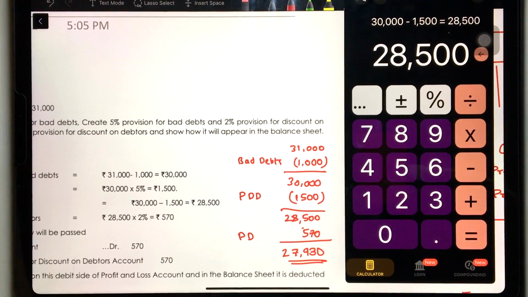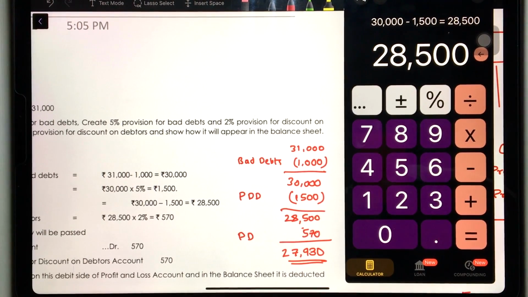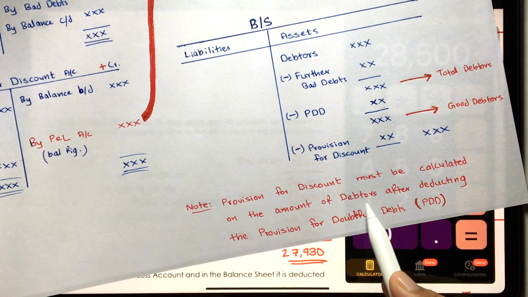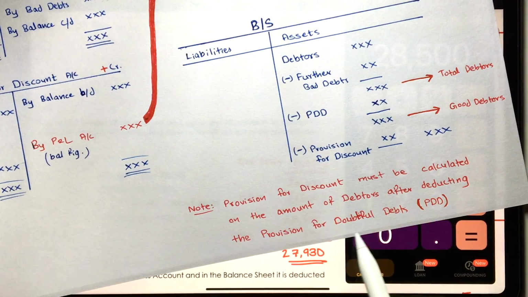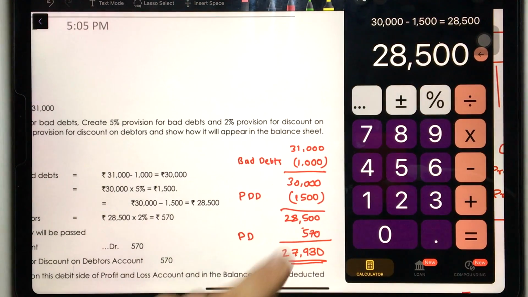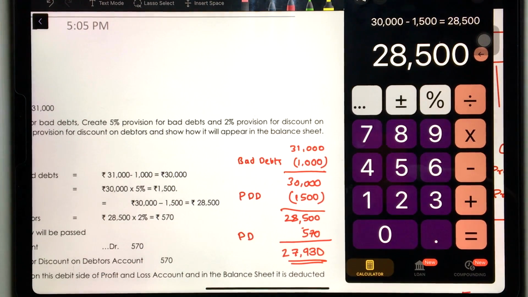Now on this 28,500, you will have to calculate the provision for discount. Why is that so? I told you that provision for discount is always calculated on the amount of debtors after deducting the provision for doubtful debts. After deducting the provision for doubtful debts, the amount is 28,500.